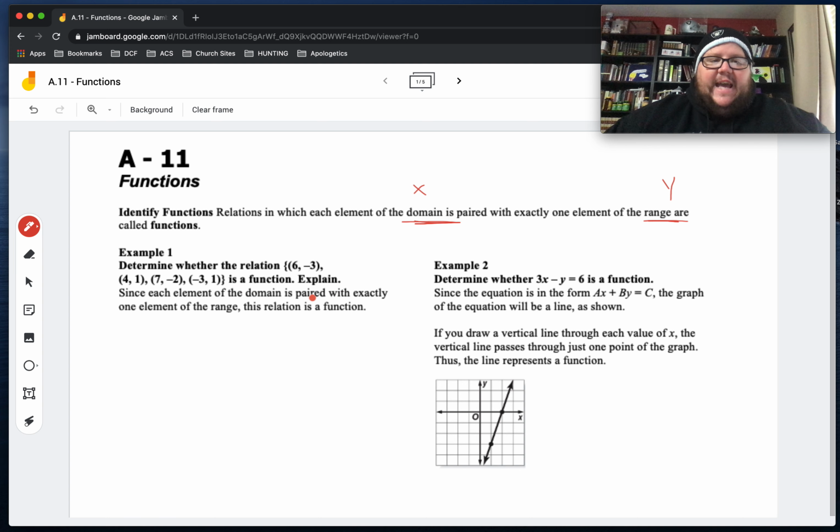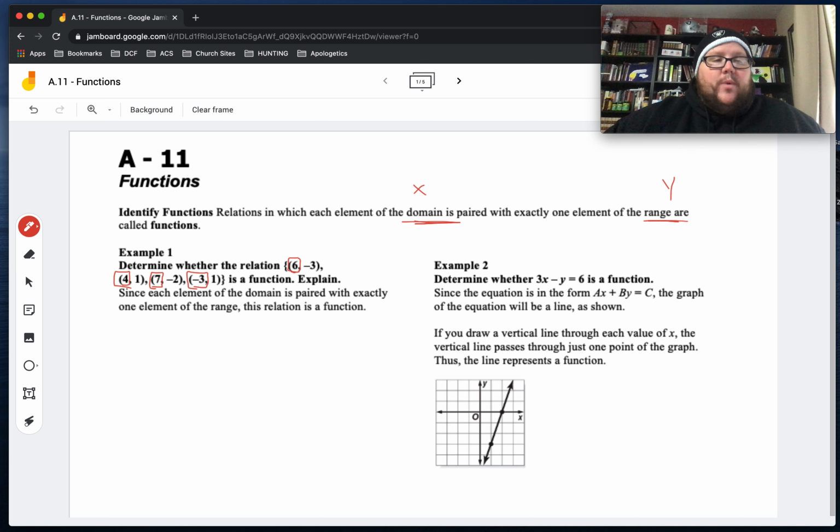What we're going to look at is the x values. We're going to make sure that none of them repeat. So 6, 4, 7, and -3. What we notice is not one of them repeats.